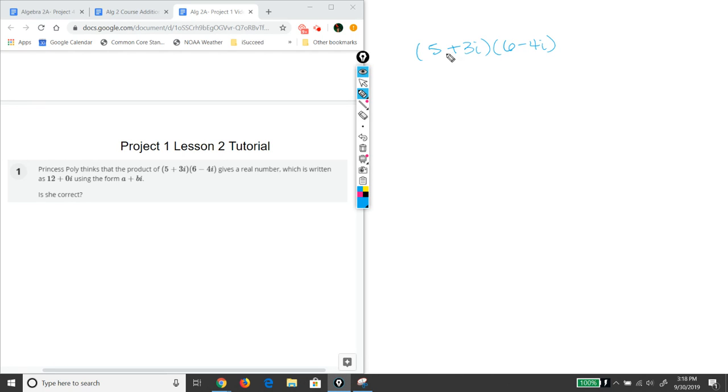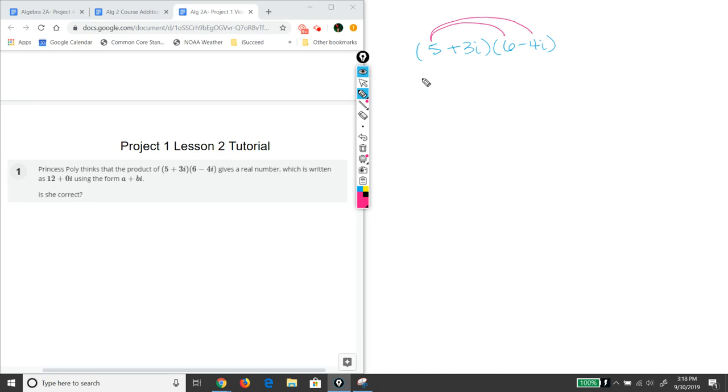Okay, so I see essentially two binomials. They're complex numbers, but they're handled the exact same way as binomials. So I am going to distribute, some of you may use the acronym FOIL here. So this 5 needs to be distributed to the 6, as well as that second term of negative 4i.